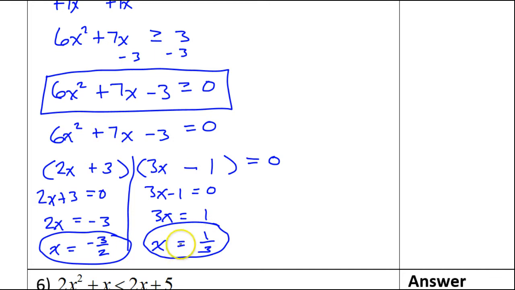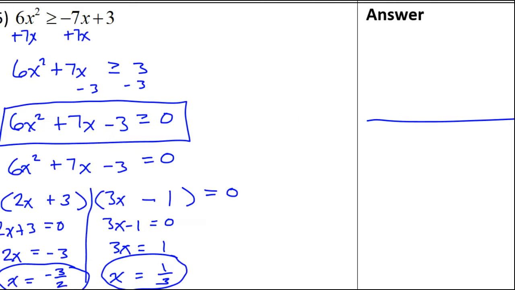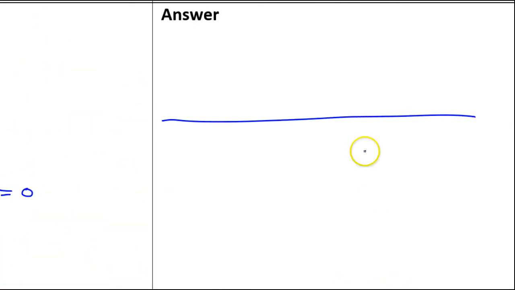So these will be my border points, my key values. So I'm going to plot these on the number line to the right. Okay, so here is my number line. And let's see, I have negative 3 over 2 and 1/3.